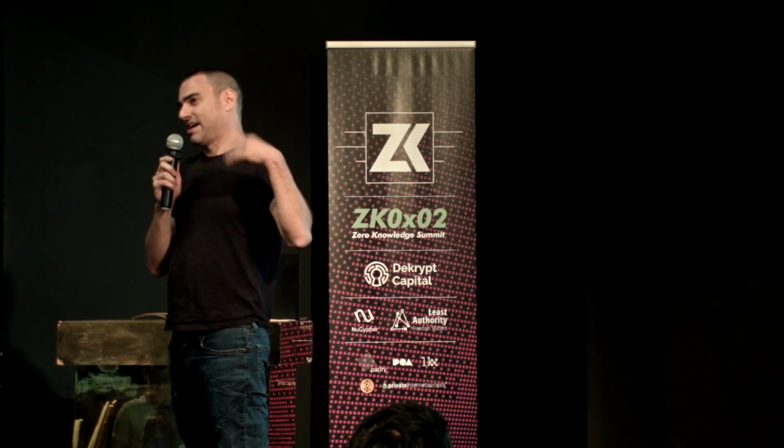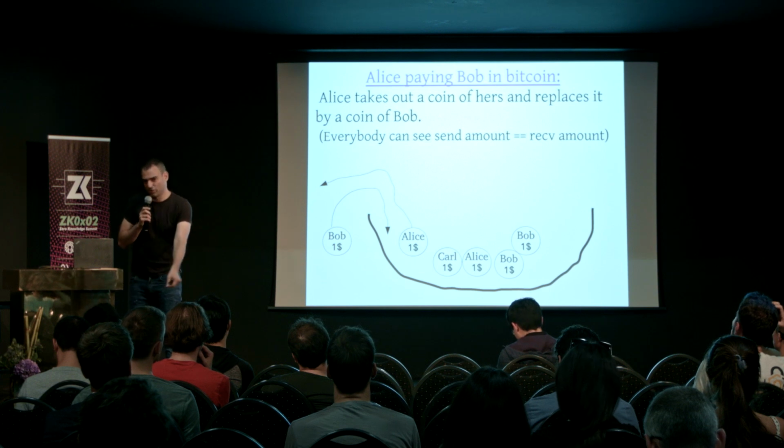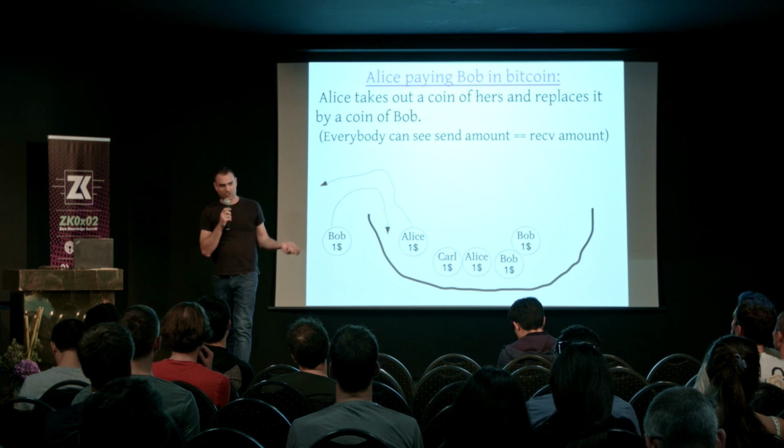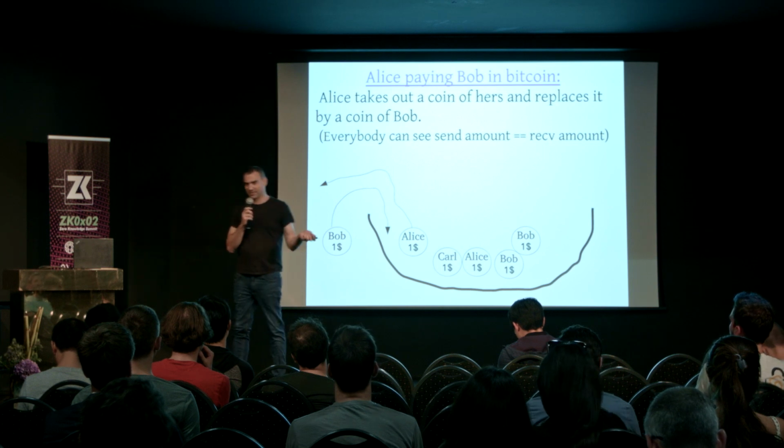Since everybody's looking at the bowl, everybody can see that she really took out one of her coins and put in what she took out, so everything is fine. But of course, there's no privacy in such a system at all, because everybody is looking at this bowl.